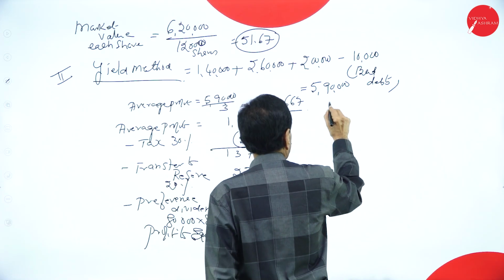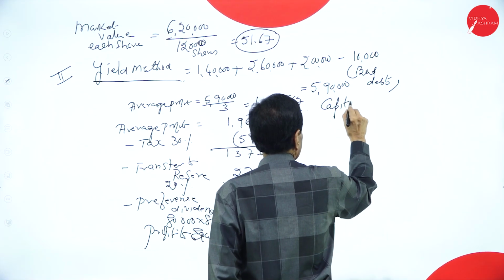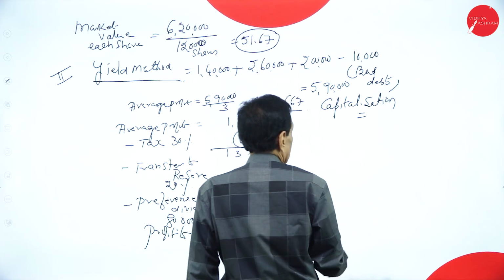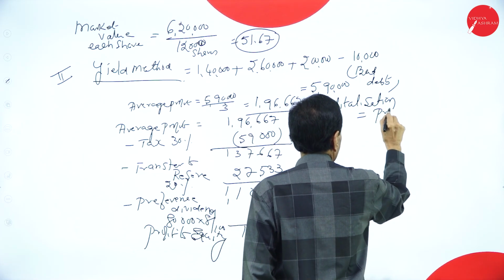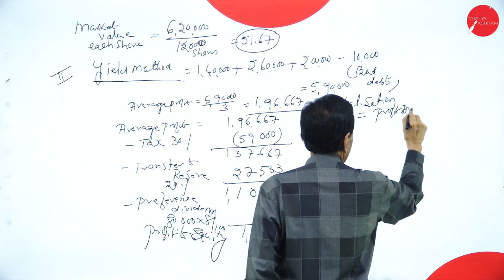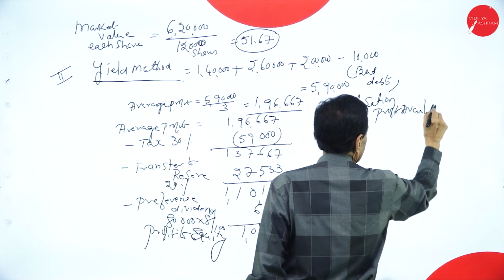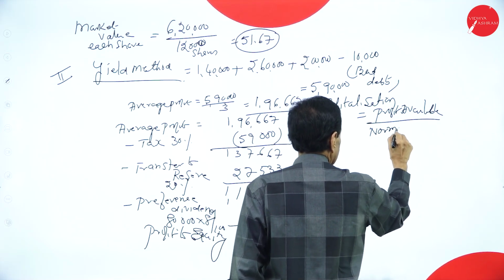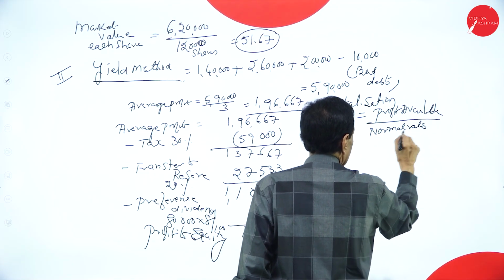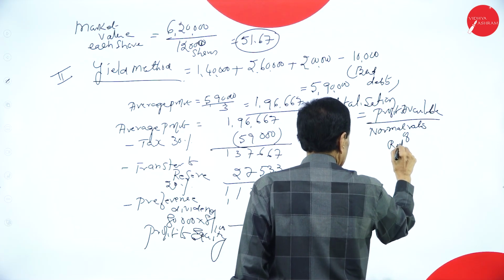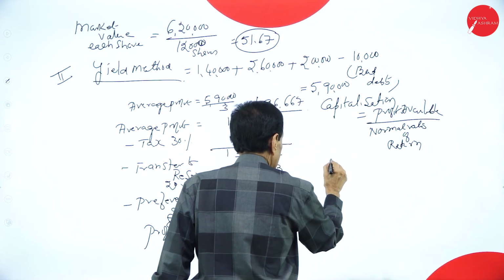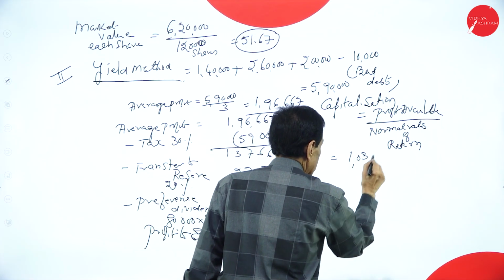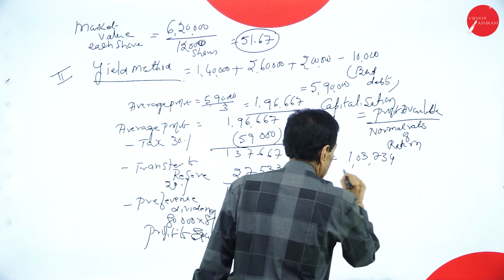Next step, capitalization. Profit available divided by normal rate of return. What is profit available? 1,03,734.